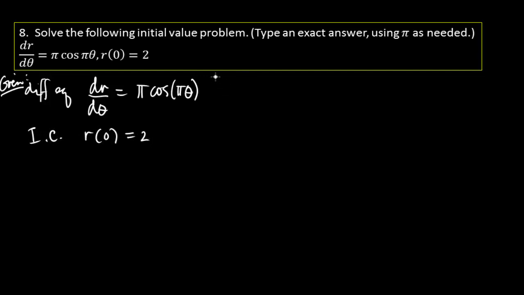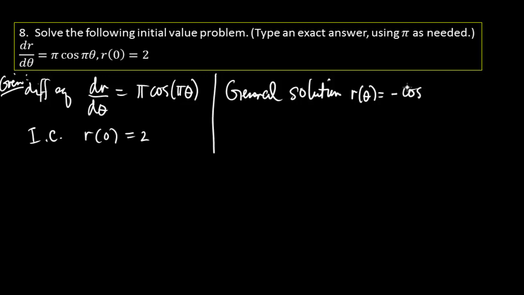So let's go ahead and get the general solution. Since this is the derivative, that means r of theta is equal to the antiderivative of the right side. Remember there's a pi here, so let's start over.